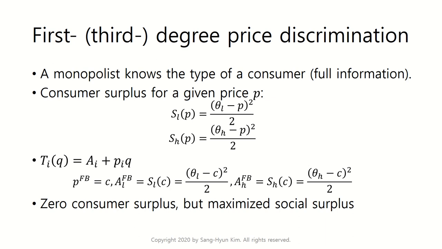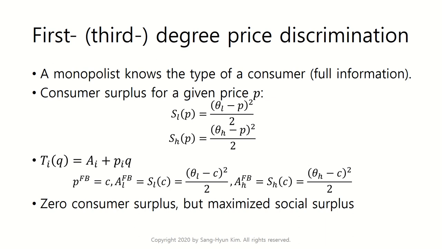So the consumer's net utility must be 0, right? Because the consumer enjoys consuming this good, and then the consumer had to pay a lot. So by this fixed payment, the entire surplus is transmitted to the seller, right? So eventually the consumer surplus must be 0.